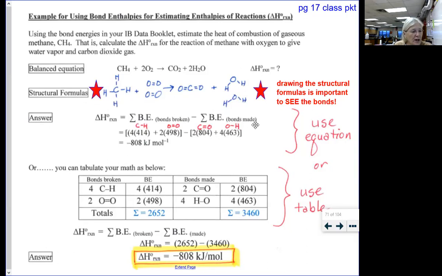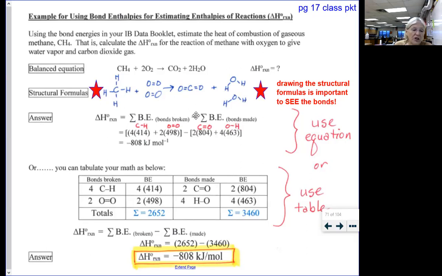So the equation is the bond enthalpies broken, which are right here. There are 4 CH bonds that are broken. And it's the sum of plus the 2 double bonds between the 2 oxygens, within the 2 oxygen molecules. So that's 2 times that double bond enthalpy. Now we move to the products, the bonds that are being made.